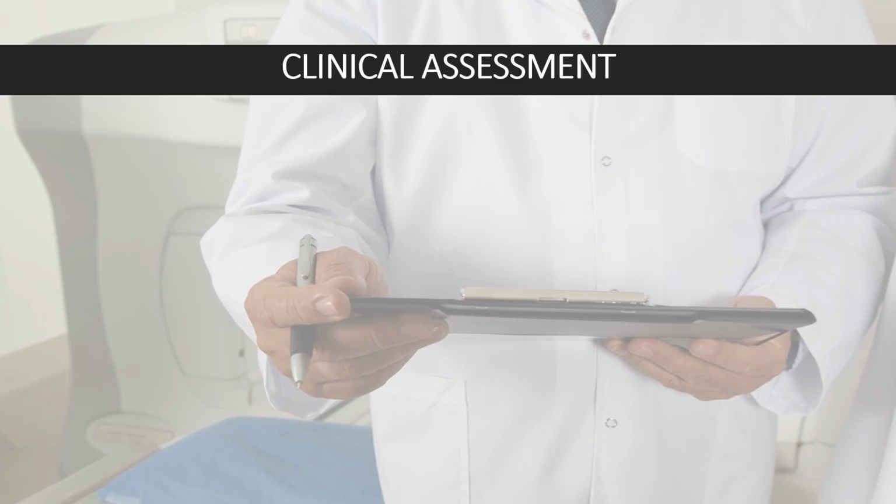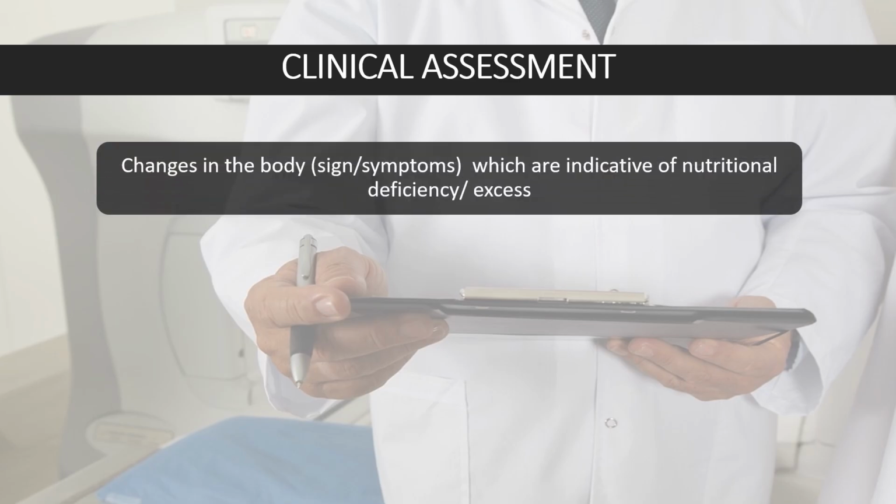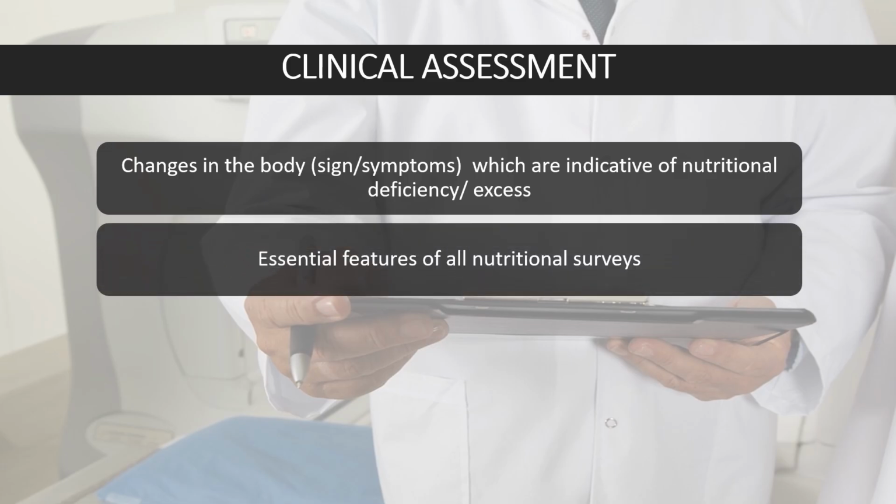Clinical assessment, as the name suggests, is changes in the body as reflected by the signs and symptoms which appear due to deficiency of a nutrient. This is indicative of malnutrition. Usually, along with anthropometry, clinical assessment of these signs and symptoms are important features of a nutritional survey.